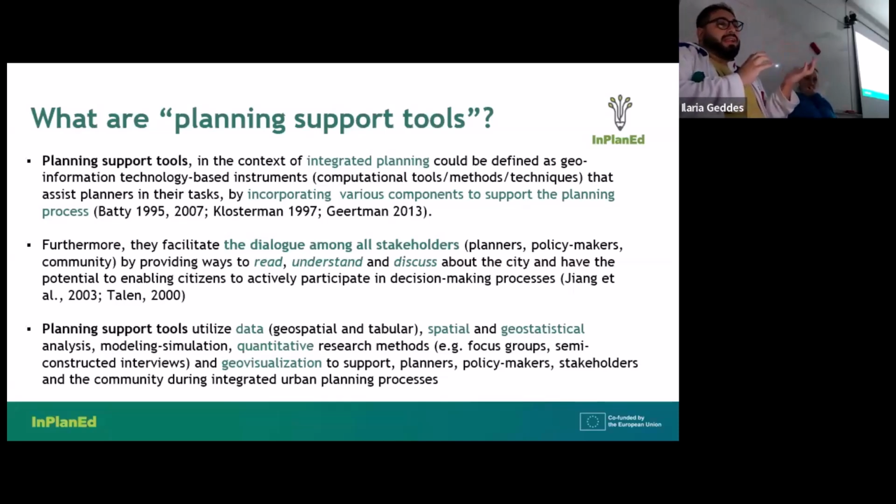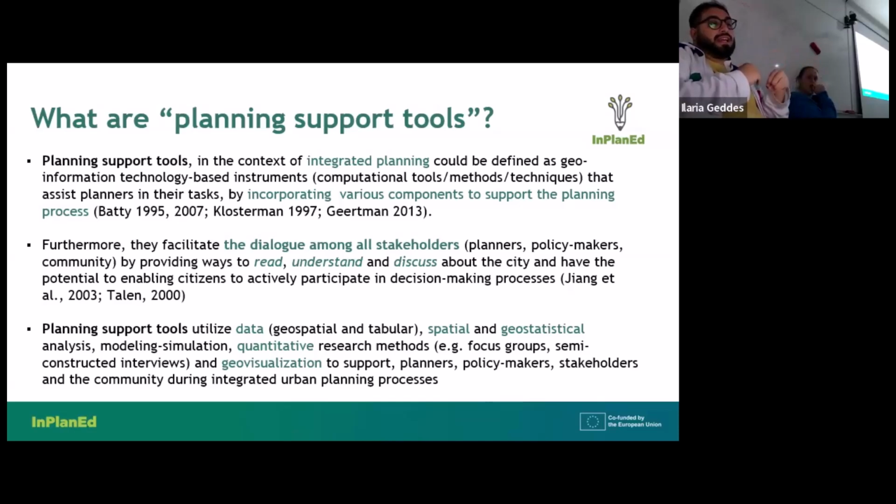In the context of integrated planning, they are the information technology-based instruments, such as computational tools, methods, and techniques that assist planners in incorporating different components to support the planning process. They can facilitate dialogue among all stakeholders by providing a way to read, understand, and discuss the city, and enable citizens to actively participate in decision-making processes by providing them a way to read the city in a more understandable way.